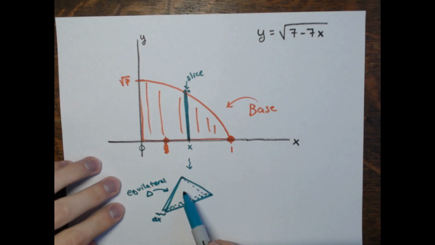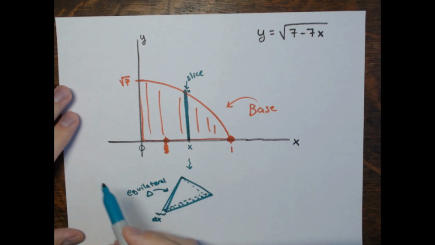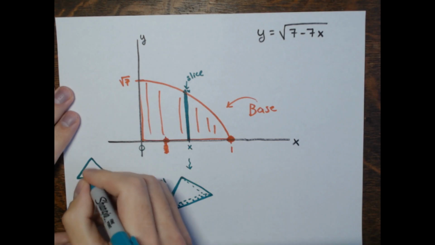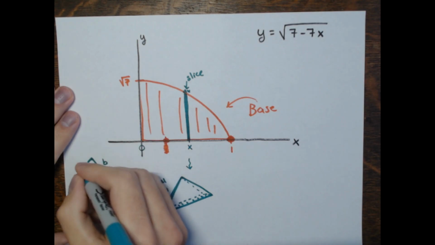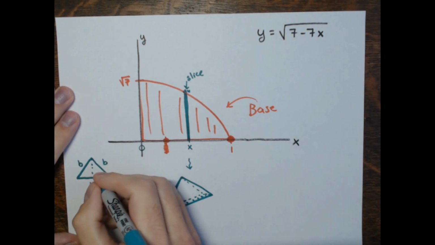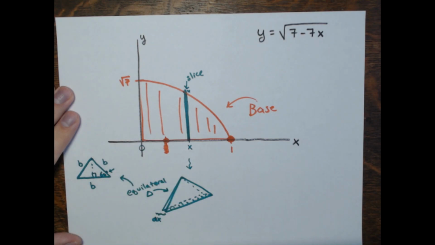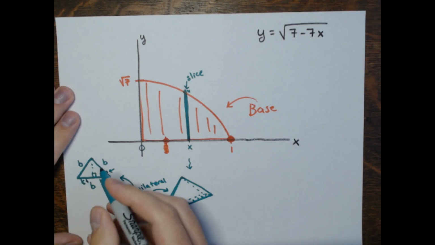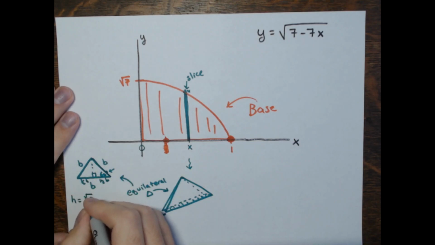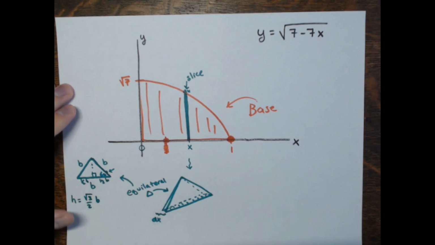Now all I need is the area of an equilateral triangle. Remember the area of a triangle is half base times height. In an equilateral triangle, all three side lengths are the same, let's say b, the length of the base. You have a 60-degree angle here, and when I cut this in half, you'd have half b and 1b, and the height is the square root of 3 divided by 2 times the base.